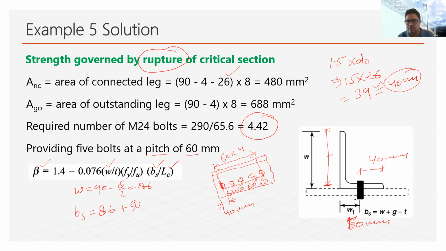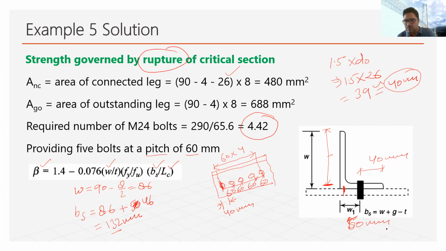But we have to deduct half of the thickness, because half we are taking from this side and half from this side. So in the 50 we deduct half of the thickness, which becomes 46. So 86 plus 46 will be 132. So the BS value will be 132 mm.